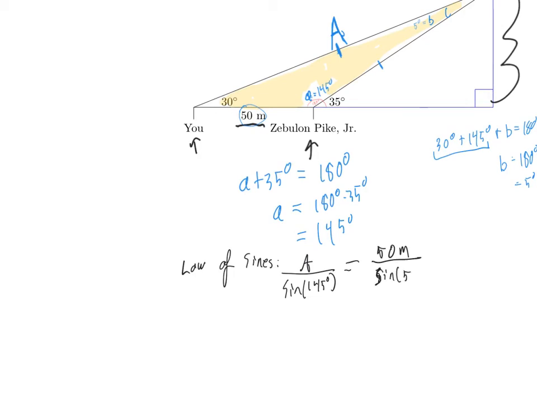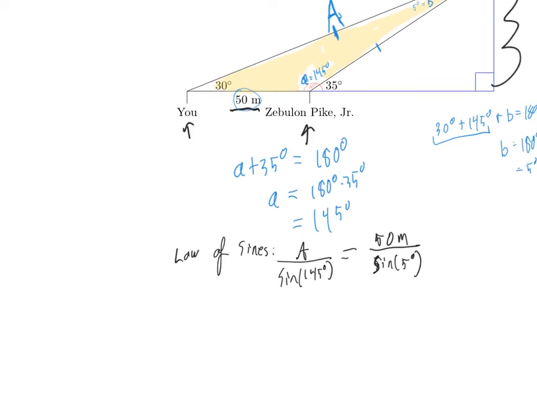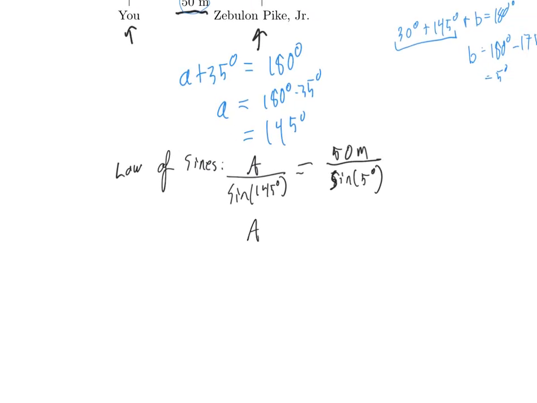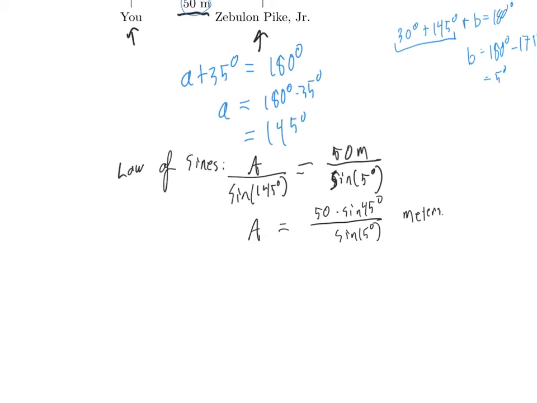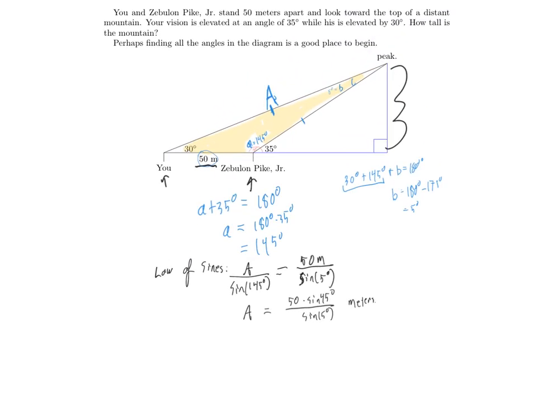That's not a very good looking sine of 5 degrees. So that means that A must be equal to 50 times the sine of 145 degrees divided by the sine of 5 degrees, in meters. I'm not going to get a decimal approximation because I don't care about that side length. I'll use the exact value in some other formula later on. So the point is, now this A is known.